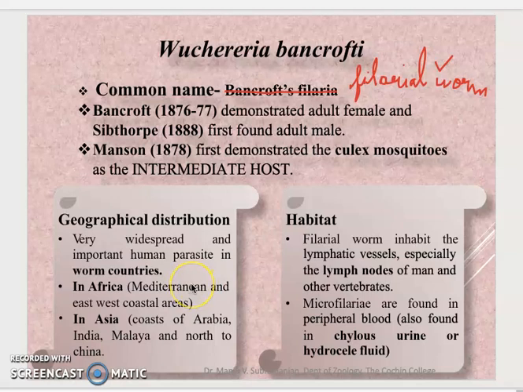Then into their habitat, this filarial worm inhabits the lymphatic vessels, especially the lymph nodes of man and other vertebrates. And the microfilariae, or the larval form of this Wuchereria bancrofti, will be seen in the peripheral blood vessels, and there is a periodical appearance of these larval forms in the peripheral blood vessels. All that we will be discussing later.